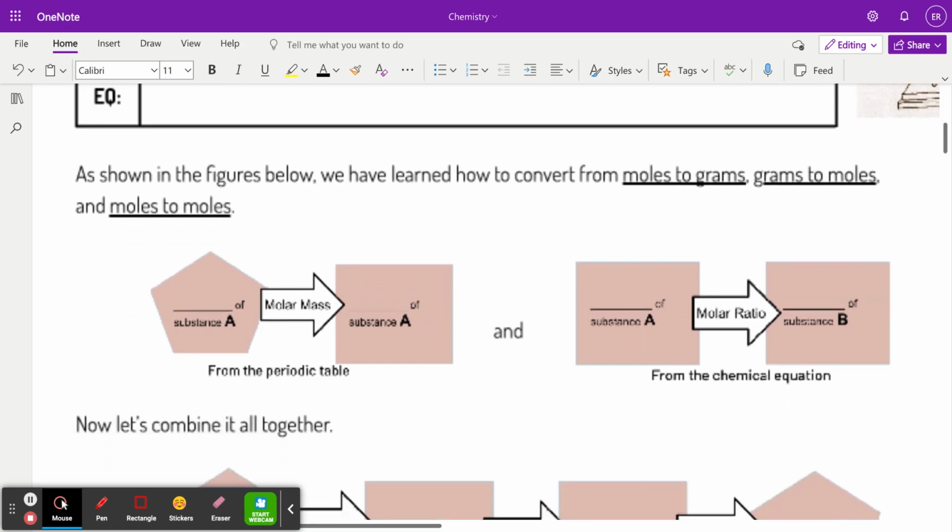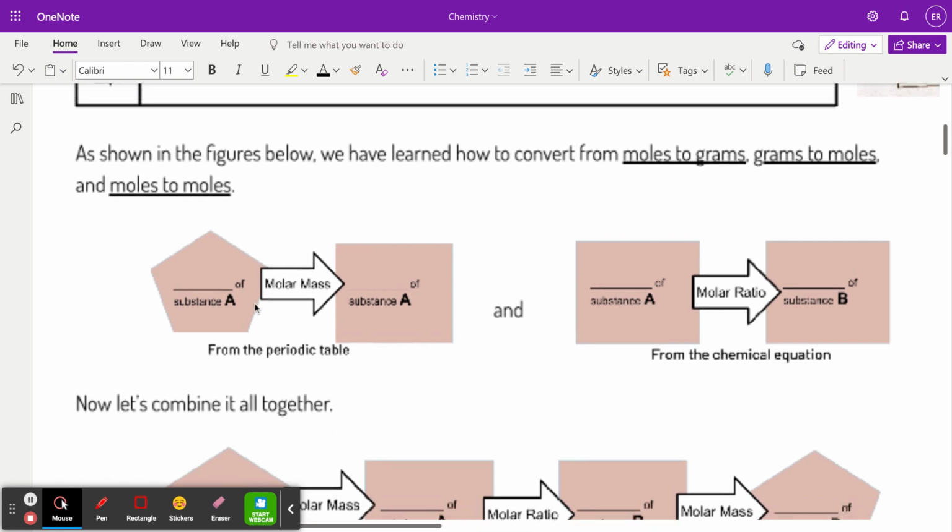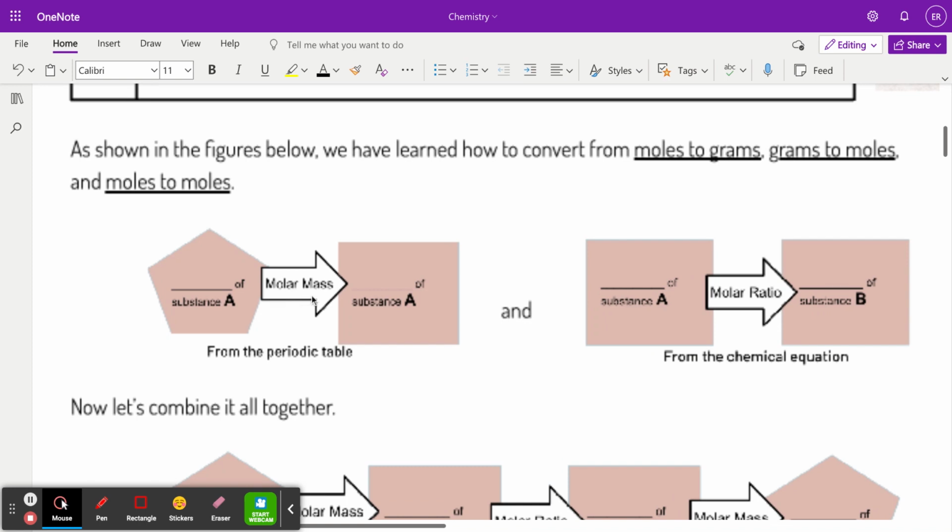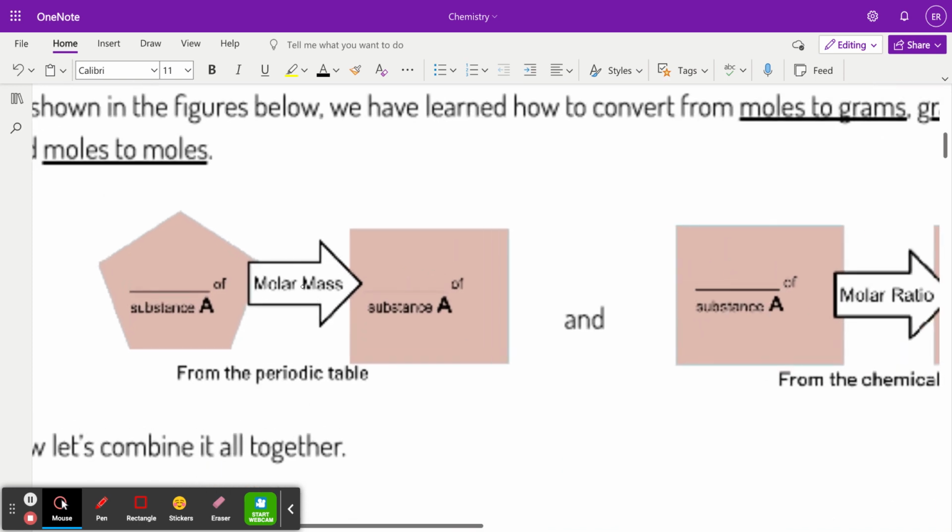So far in class for stoichiometry, we've seen how to find the molar mass. So right here, we look at this part right here, the molar mass.